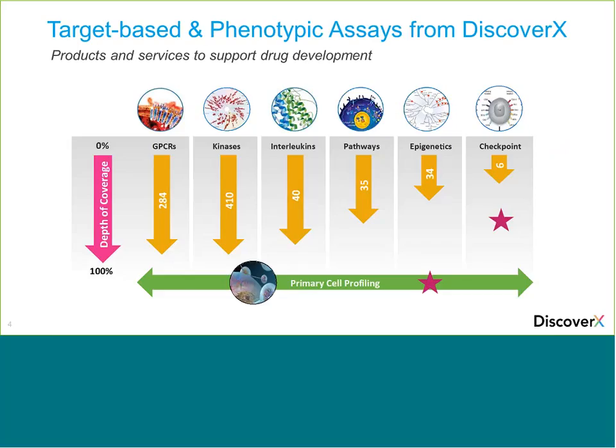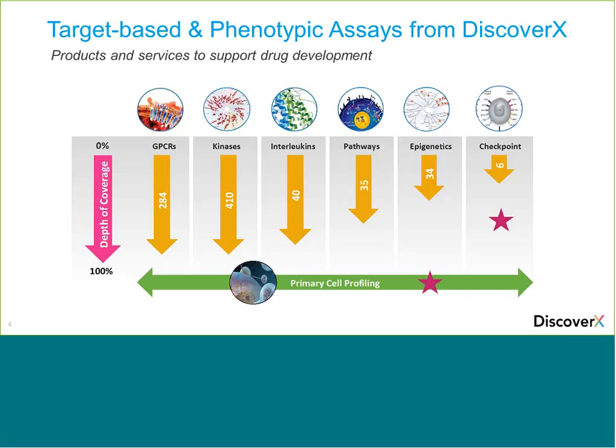The platform technologies that we have at DiscoverX have been effectively used to create both target-based and phenotypic assays. Long known for our target-based assay portfolio, we have continued to develop these assays beyond what they were initially developed for, GPCRs, now to kinases, interleukins, and as I'm going to talk to you about today, we've expanded that portfolio to develop assays for the checkpoint receptors, enabling cancer immunotherapy development.